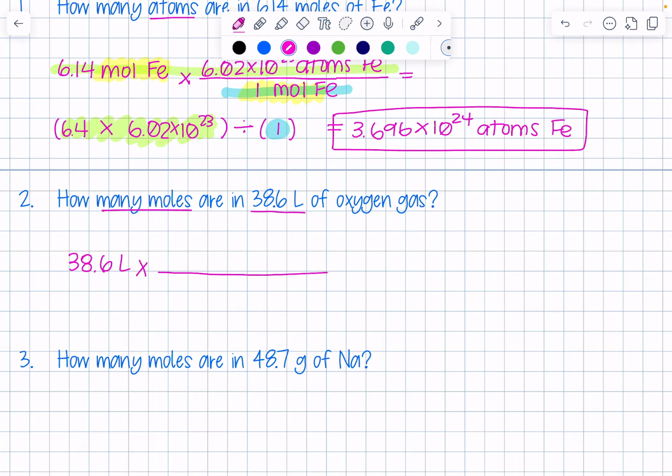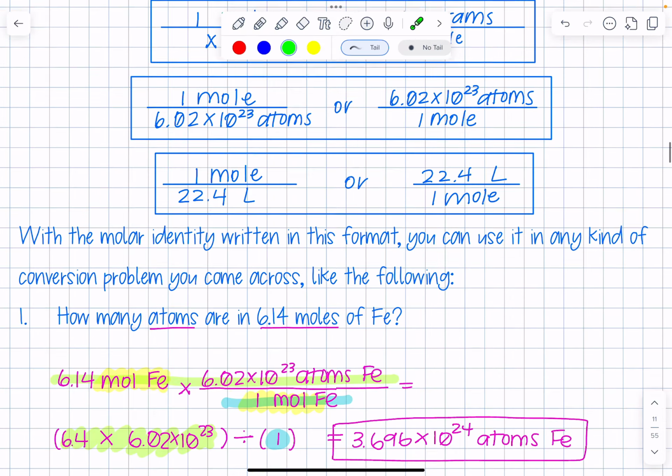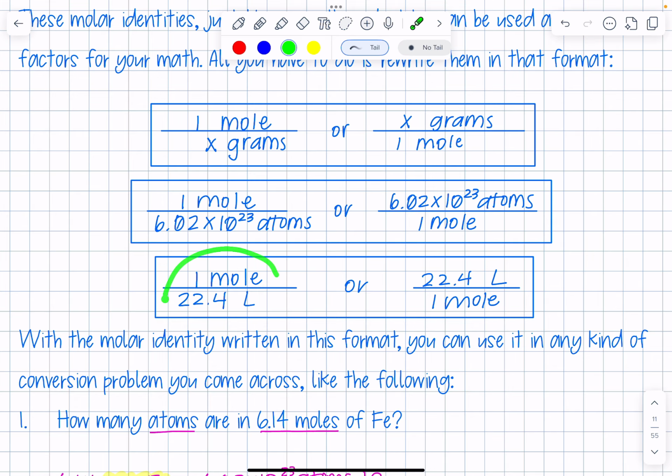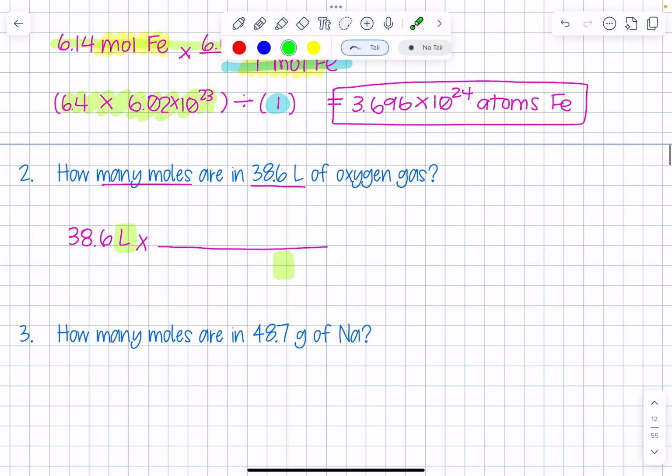Now I'm looking for the conversion factor that has moles and liters in it. And because liters is on the top here, liters is going to have to be on the bottom down here to cancel. So I want that conversion factor. 1 mole occupies 22.4 liters, and this is oxygen gas we're talking about.